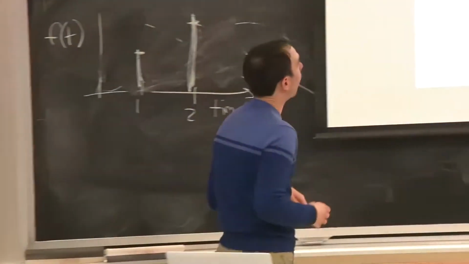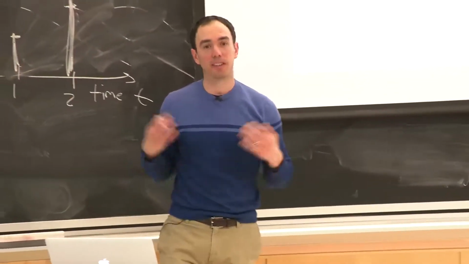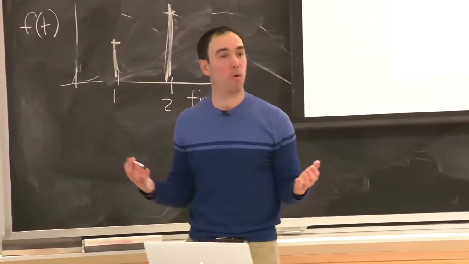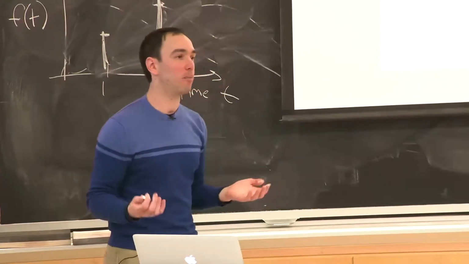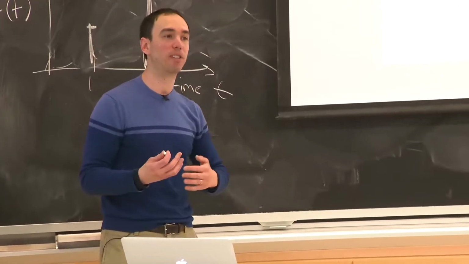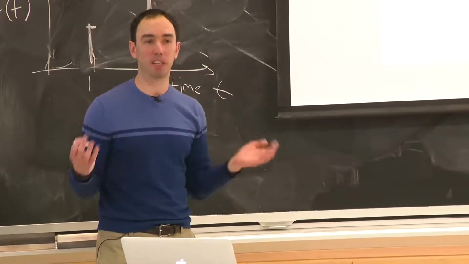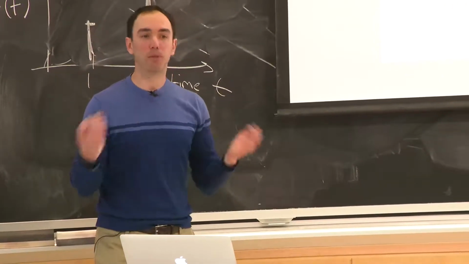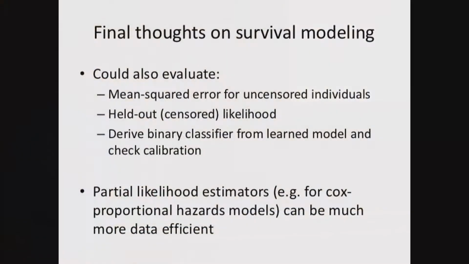So when I talked about the C statistic, that's one way to measure performance of your survival modeling. But you might remember that when we talked about binary classification, we said how area under the ROC curve in itself is very limiting. And so we should think through other performance metrics of relevance. So here are a few other things that you could do. One thing you could do is use the mean squared error, again thinking about this as a regression problem.